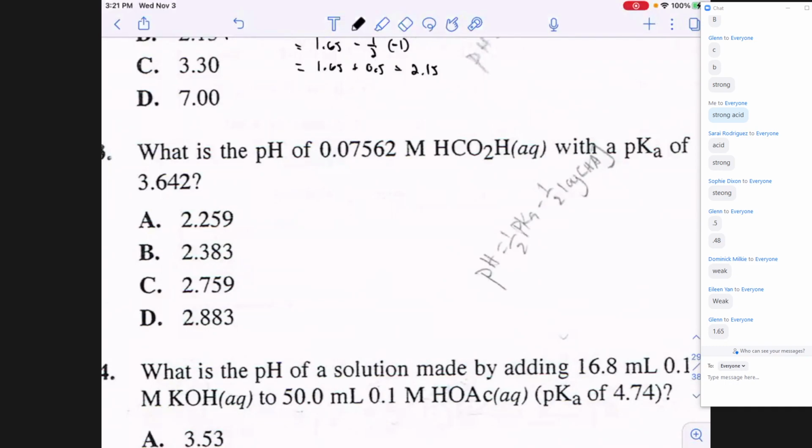That's a weak acid, so we need to use the weak acid equation. Or if you just look at the structure, you see that that is acetic acid. We know that's vinegar. So we also know that's a weak acid by looking at the structure as well, besides just the hint of pKa. Once you know that, you can find the pH of it by using what? Weak acid equation.